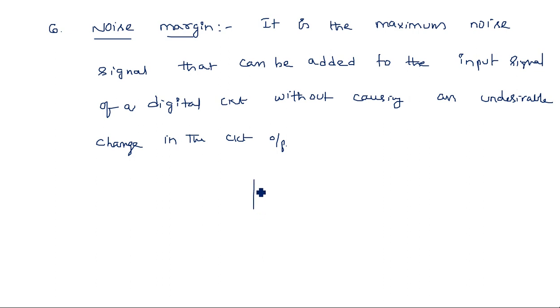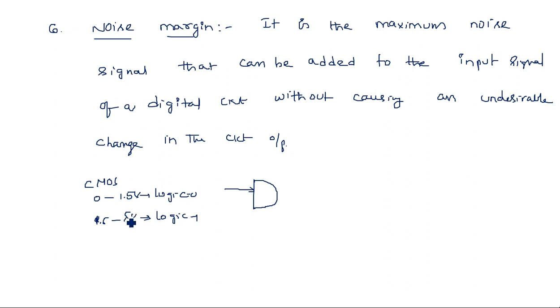Suppose I have a logic gate or any type of logic family, and I am giving the input. In the logic families, we have some logic levels. Suppose I take a CMOS logic family: 0 to 1.5 volts is treated as logic 0, and 1.5 to 5 volts is treated as logic 1.